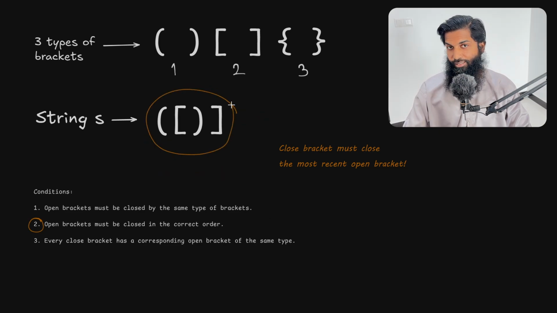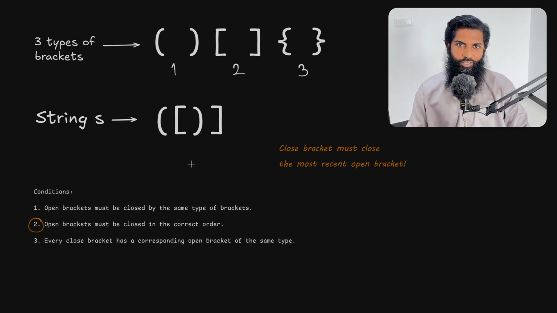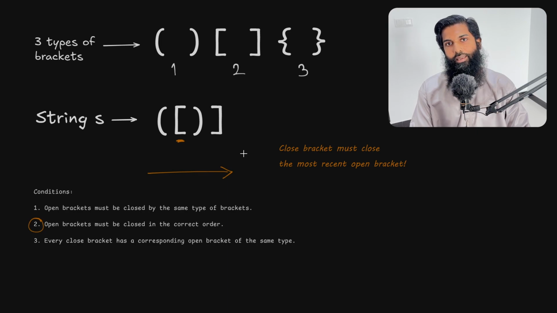How about this example? Recalling the definition of correct order, it's when as we traverse the string S and encounter a close bracket, the close bracket must close the most recently encountered open bracket. In this case, the most recently encountered open bracket is this open bracket of type 1.